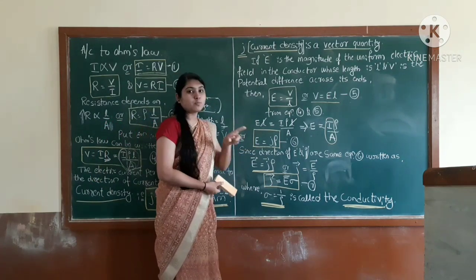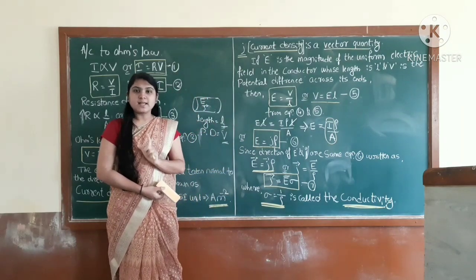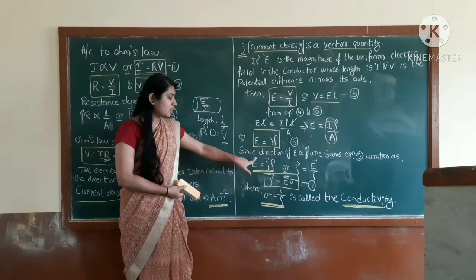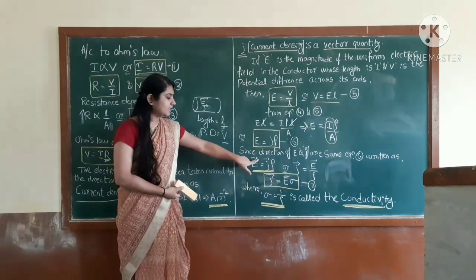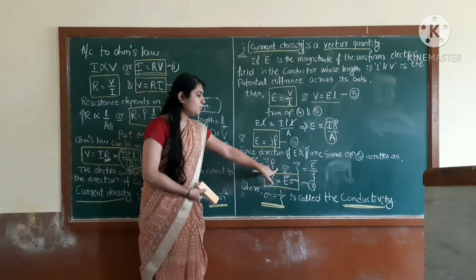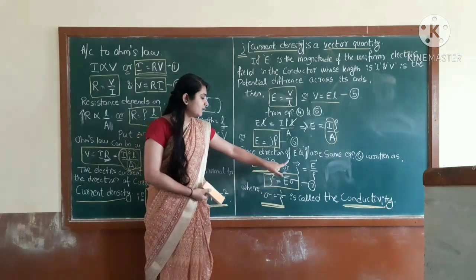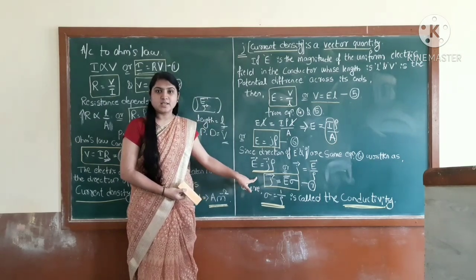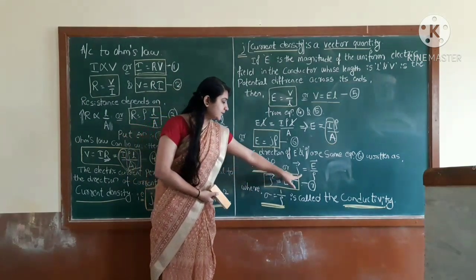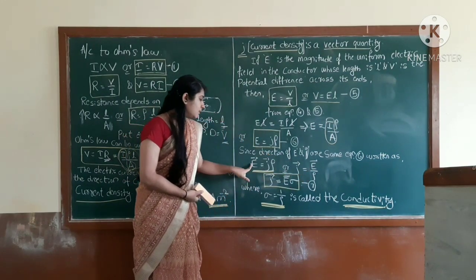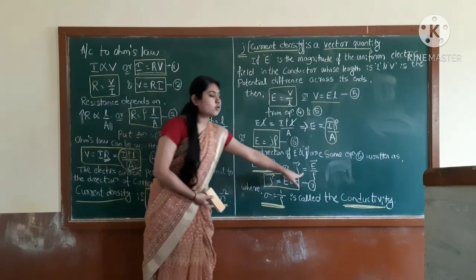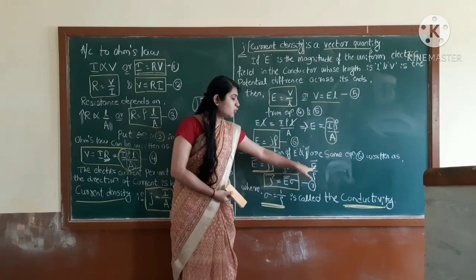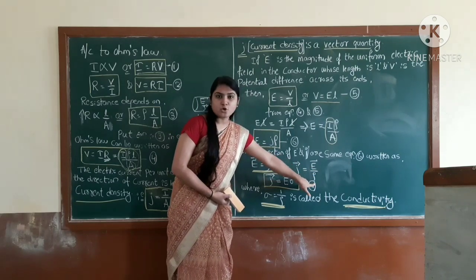Because both are vector quantities, I can write the electric field as a vector, that is E equals J into rho. Then from this I can write the current density: J is equal to E divided by rho.